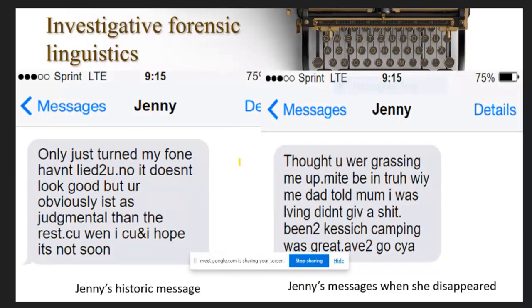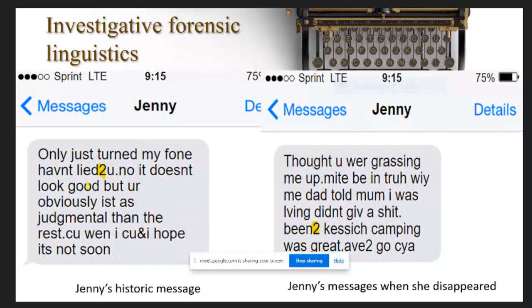The forensic linguists analyzed the messages for consistencies or distinctions between them. For example, Jenny used the number 2 for the word "two", while the messages from when she disappeared used "two" with a space.